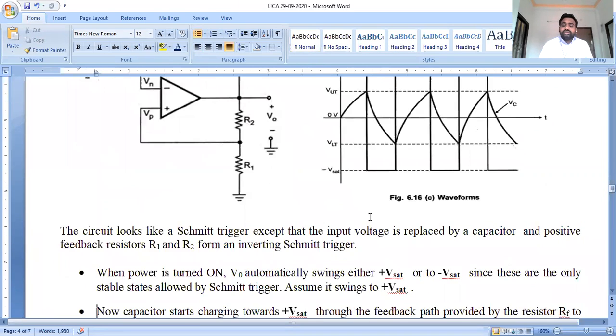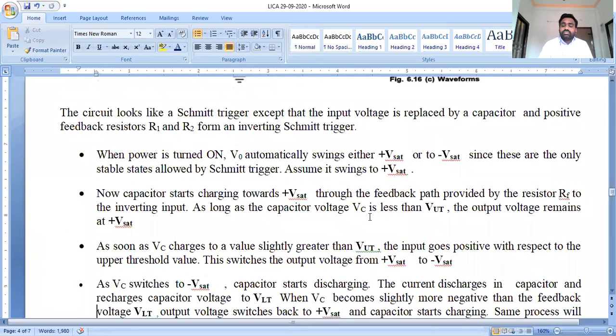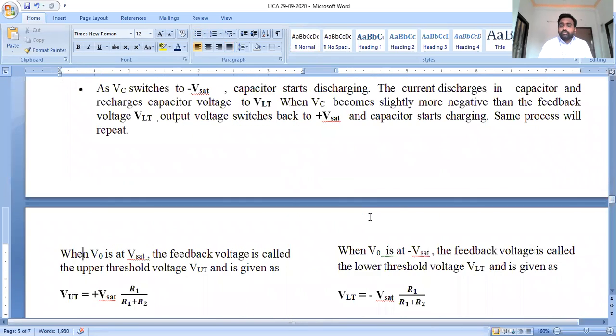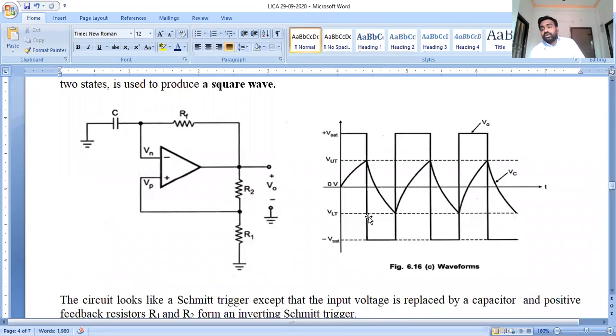Next we analyze the behavior of the time period. The behavior of the time period is analyzed with respect to the capacitor charging and discharging. If we know the capacitor charging time, the same amount of time is required for the capacitor discharging.